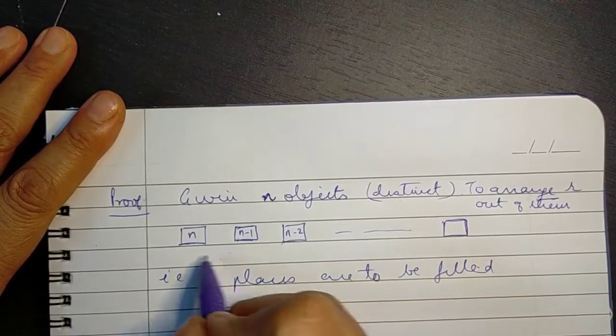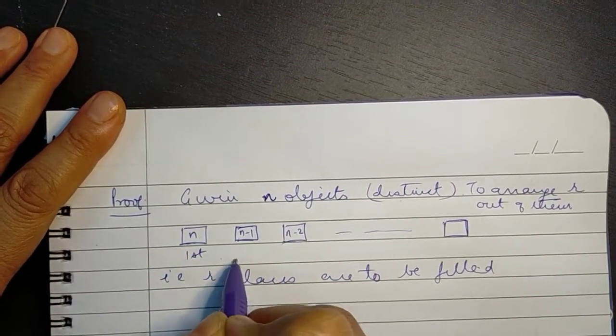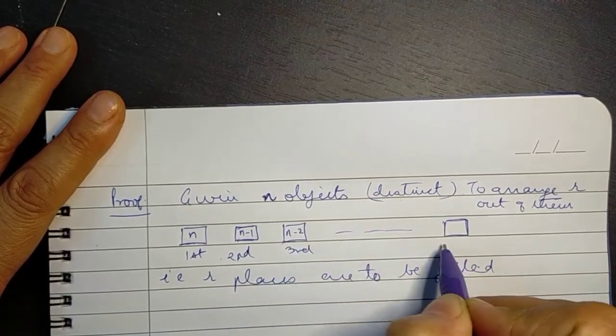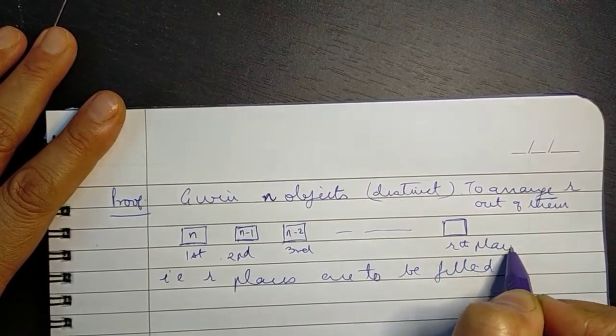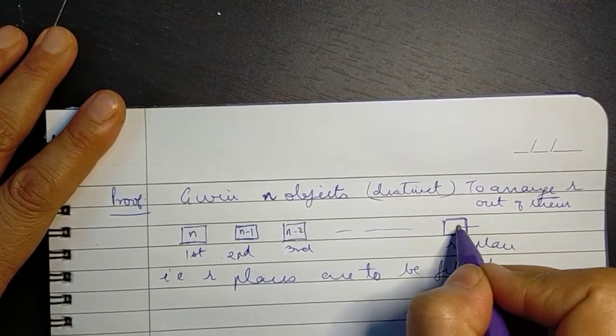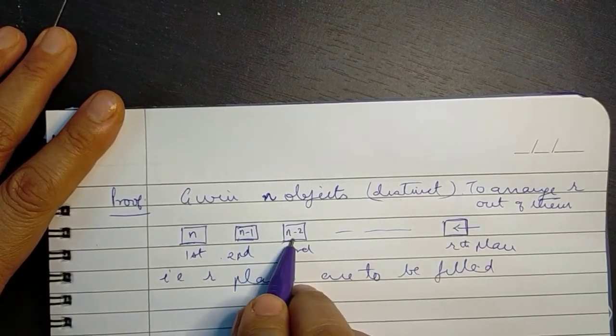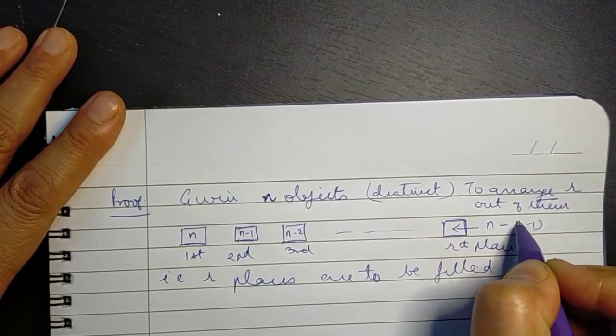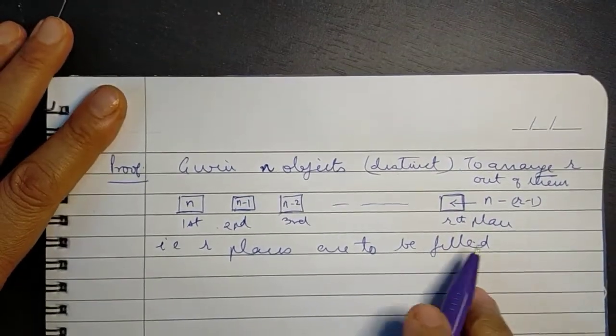So this is the first place, this is the second place, this is the third place, this is the rth place. Going in this manner, the number of options available to fill up the rth place is n minus r minus 1. Now how do we get this?